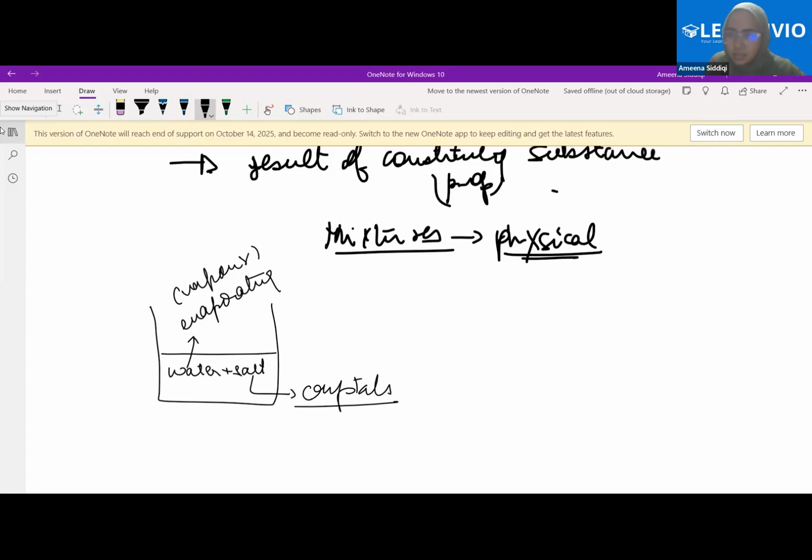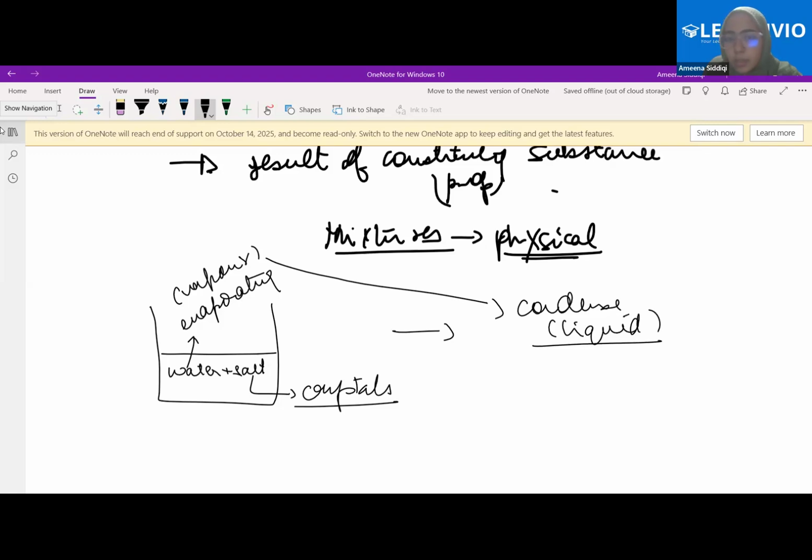In this manner, I am able to separate both of them. But the only thing extra that I'm doing here is that if I'm able to condense these vapors back into liquid water, I'm also able to get the salt here and also the water back. Yes or no?